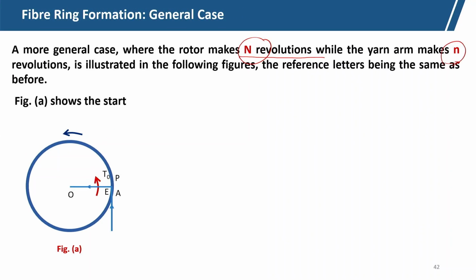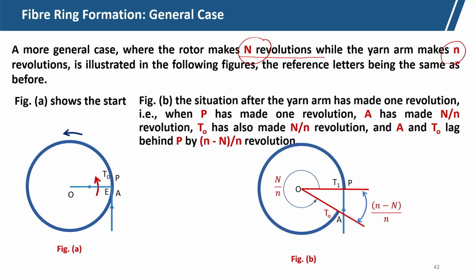Now we can see that figure A shows the start, where the complete initial layer is there, shown by the blue color. Initially we showed a simplified assumption, but figure B is a generalized case. It shows the situation after the arm made one revolution, that is, when P has made one revolution and has come back here once again, A has made n by N revolution.